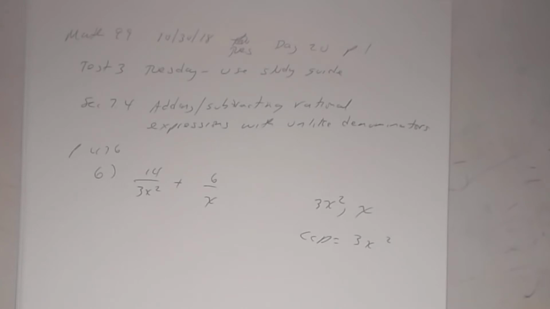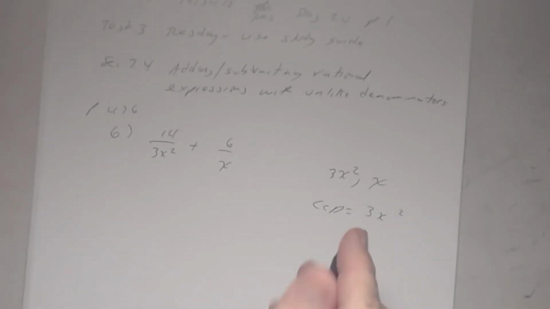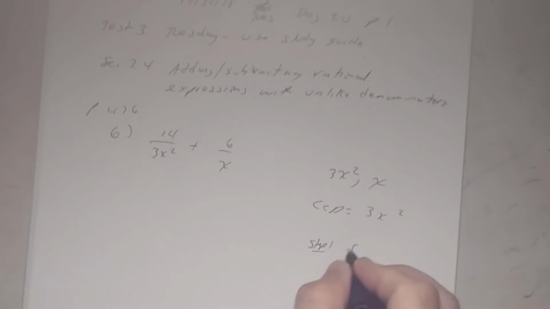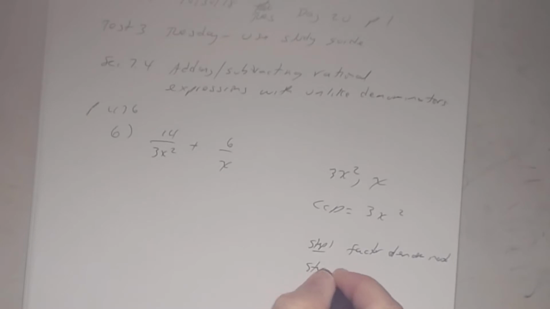Now remember, one other thing that you did in the previous section was you found equivalent fractions. So that's the next thing you have to do. Step 1 is to factor the denominators. Here, since they're monomials, you can't really factor. Step 2 is to find the LCD.